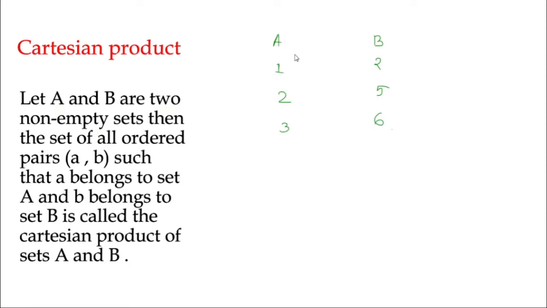So we have discussed ordered pairs and how we can compare two ordered pairs. Now here you see A is a set where the elements are 1, 2 and 3 and B is another set where the elements are 2, 5 and 6. If I take one ordered pair (3, 6), that means 3 is pairing with 6.